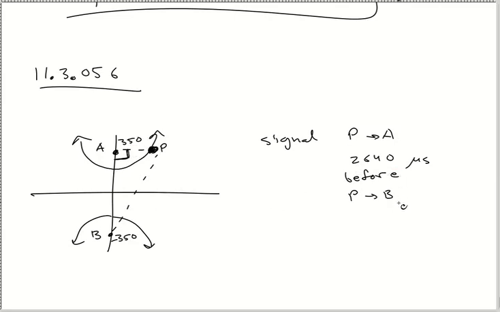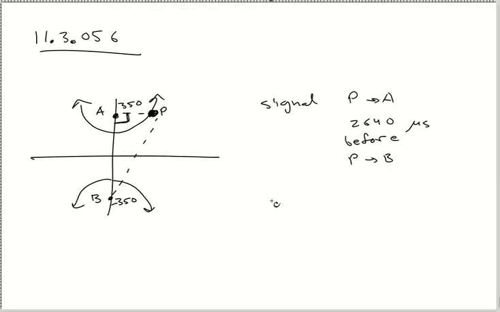All right, they also say that the velocity of the signal is 980 feet per microsecond. That's my signal speed. And then they start asking questions.